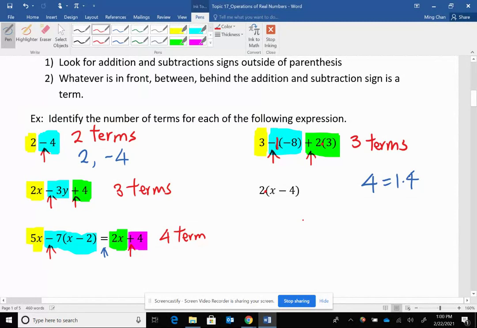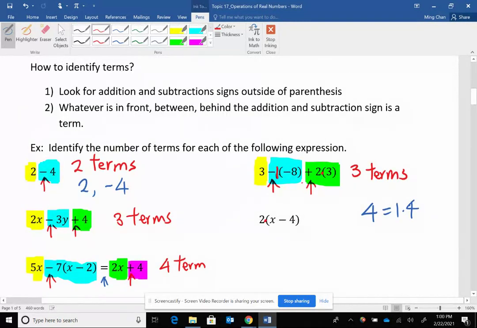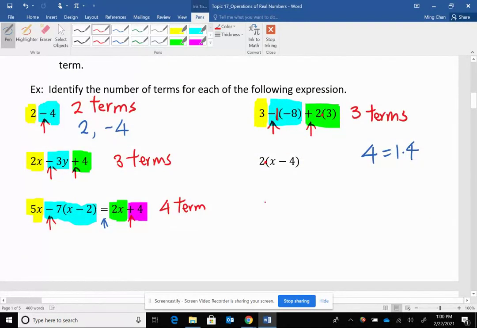Remember, we are looking for addition and subtraction signs that are outside the parentheses. If there are no plus or minus signs outside the parentheses, then this whole thing is only 1 term. There's a difference here: this whole thing is 1 term, but inside the parentheses there is a subtraction.